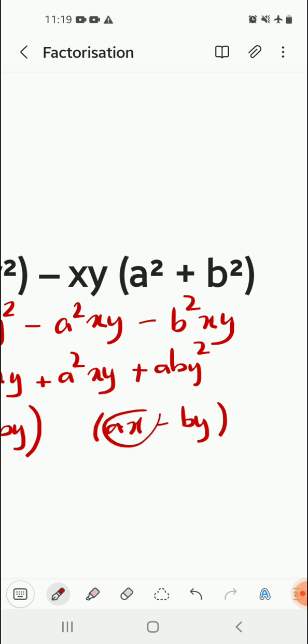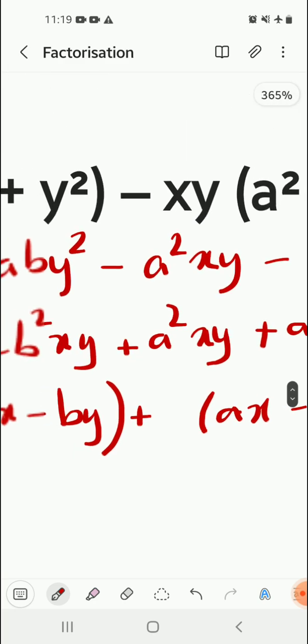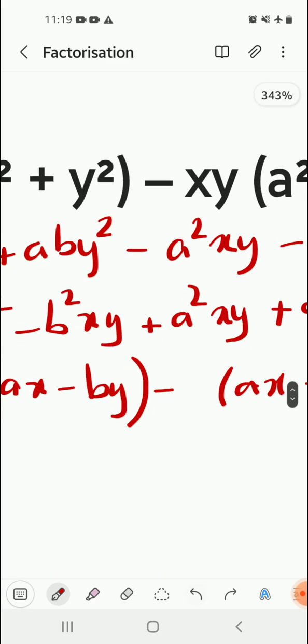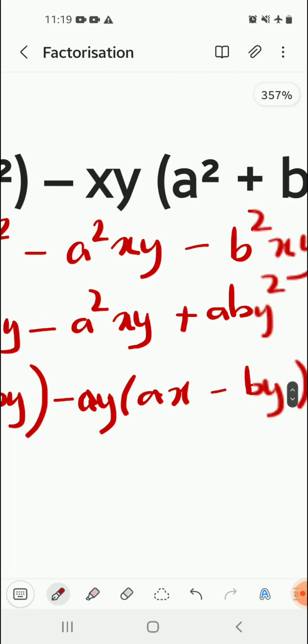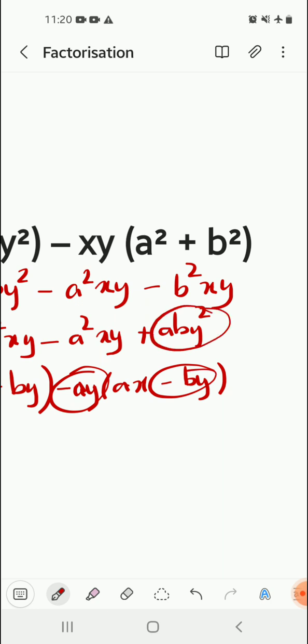Now see, here ax is already in common, so we are left with ay, so we are going to write plus, here there is a minus a square xy, so minus a and y. Now you see, ay into ax is a square xy, and minus ay into minus by is a plus, minus into minus is plus, and a by square.